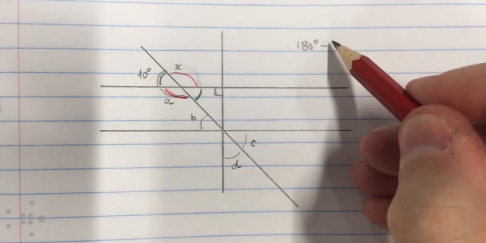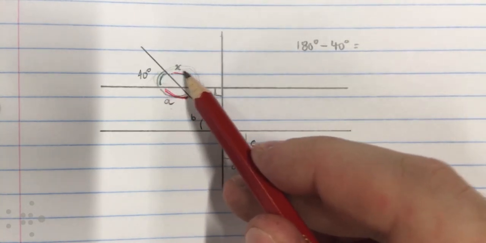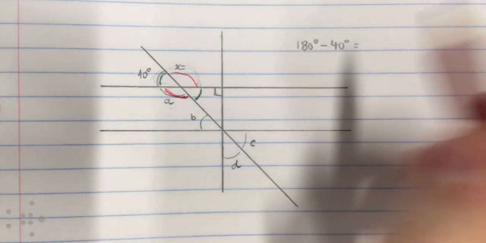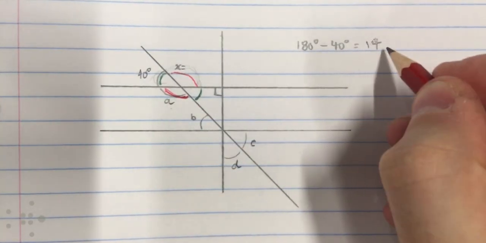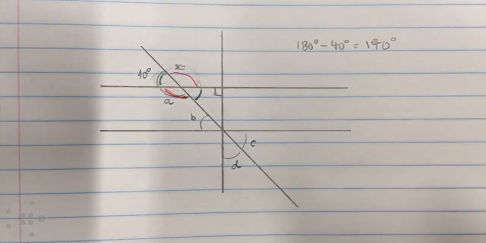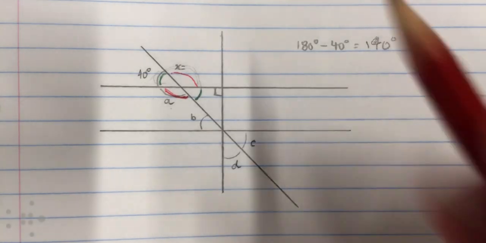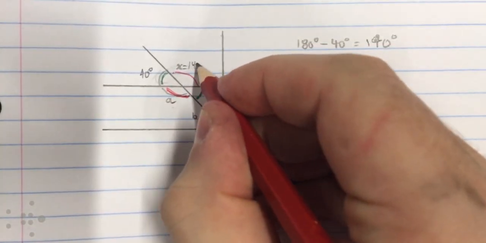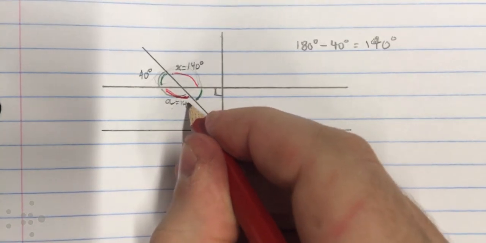And if we take 40 degrees, if we take this green away, then we're left with just the red, which is X. So 180 minus 40 is 140. I almost wrote something wrong, but I didn't. 140 degrees. So we know that X is 140 degrees. We know that opposites are the same, so we know that A is 140 degrees.